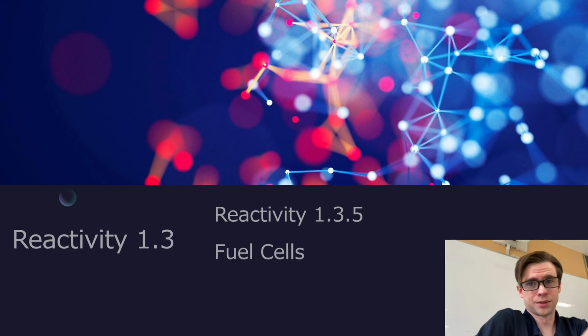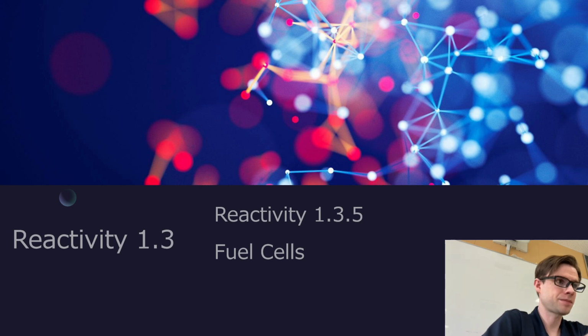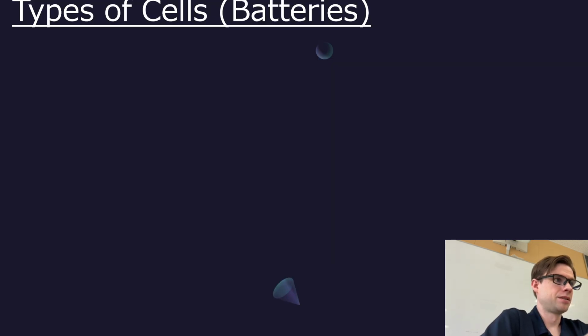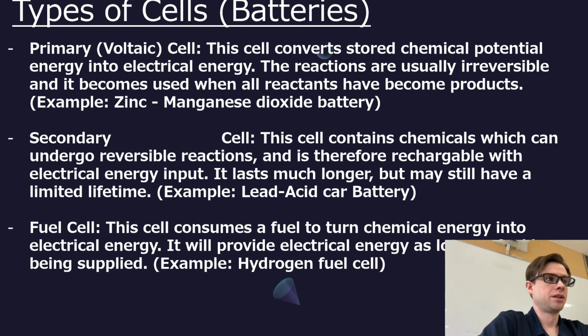That's all for biofuels, so we'll move on to fuel cells, 1.3.5. Things can get fairly complicated in here. So, types of cells. When I say cells, this is something that you probably will understand as batteries. Batteries are often groups of cells put together to give us a certain required energy or voltage output. So we can have a primary or voltaic cell.